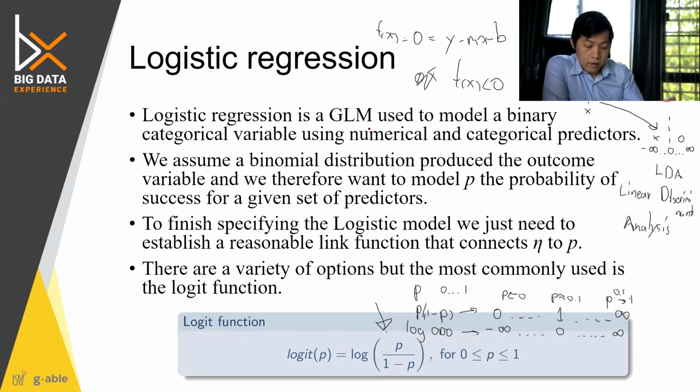The important thing here is that the growth of the odd is more exponential, while the log odd would be linear. This is like a compressed exponential, and this would be linear.